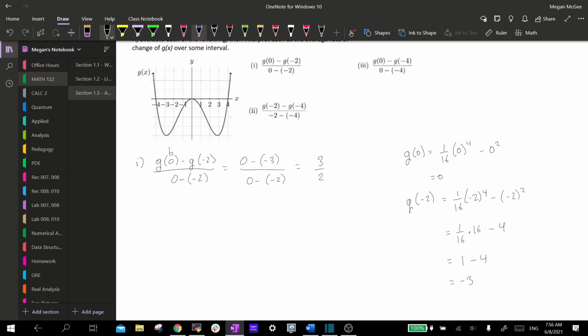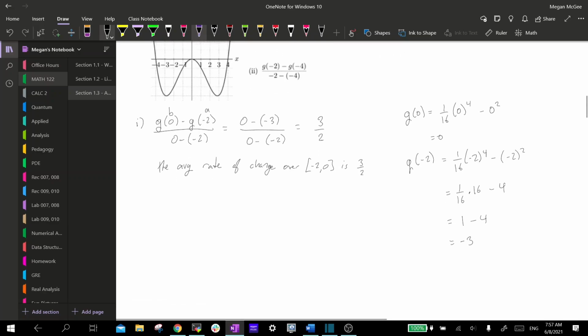Well, this is our B and our A as our interval, right? So the average rate of change over negative 2 to 0 is 3/2.